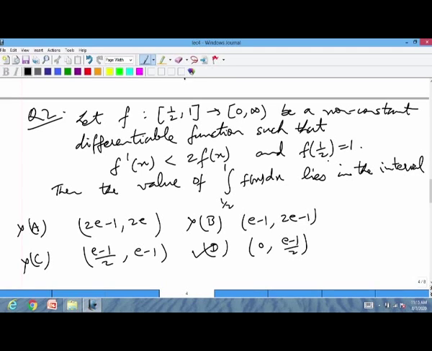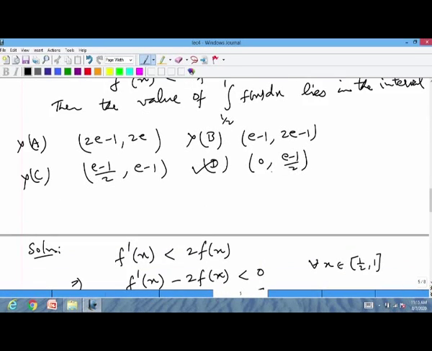We can take f(x) equal to 1 for all x in this interval, that satisfies f prime x will be 0, which is less than 2 times f(x), and in that case this integral, because f(x) is equal to 1, this is simply equal to half, and half clearly lies between 0 and (e minus 1) by 2. So, one can easily get that option D is correct.